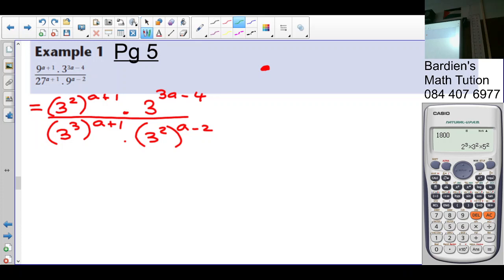So in other words, it's going to be 2 times a, 2 times 1. That's already sorted. 3 times a, 3 times 1. 2 times a, 2 times negative 2.